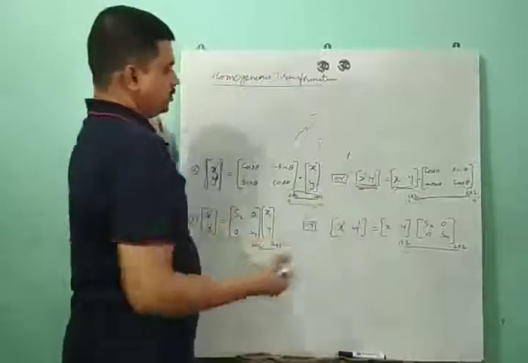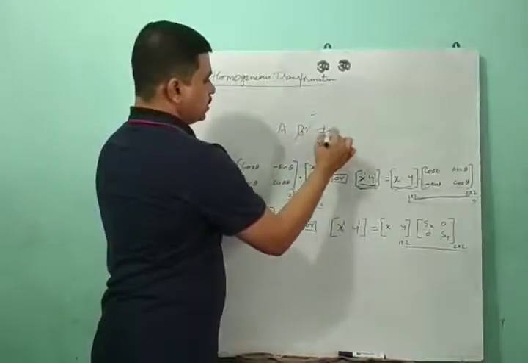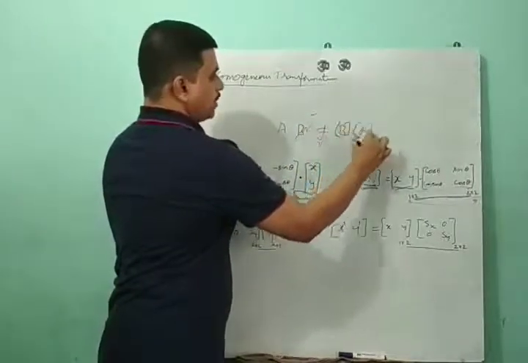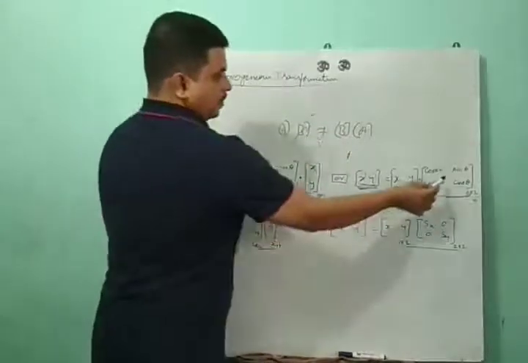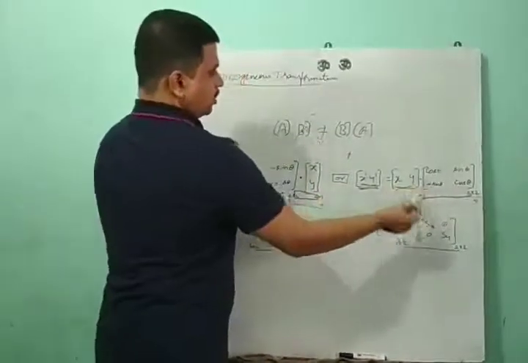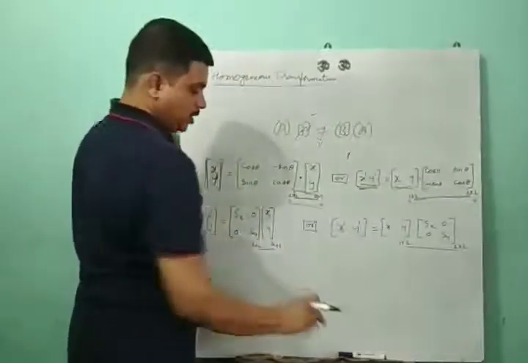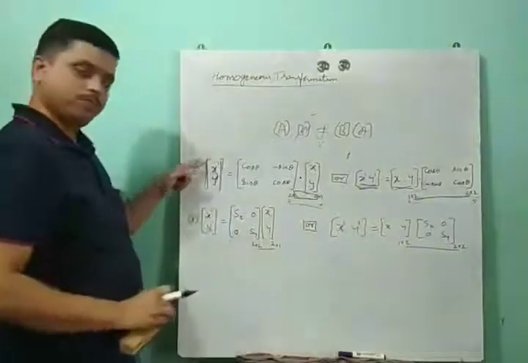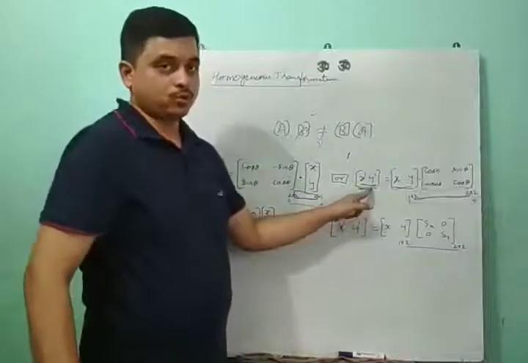And I think you remember that A into B is not equal to B into A in matrix multiplication. So here the sign changes to make it equal. This is the case of rotation. You can represent the point in the form of column matrix or in the form of a row matrix.